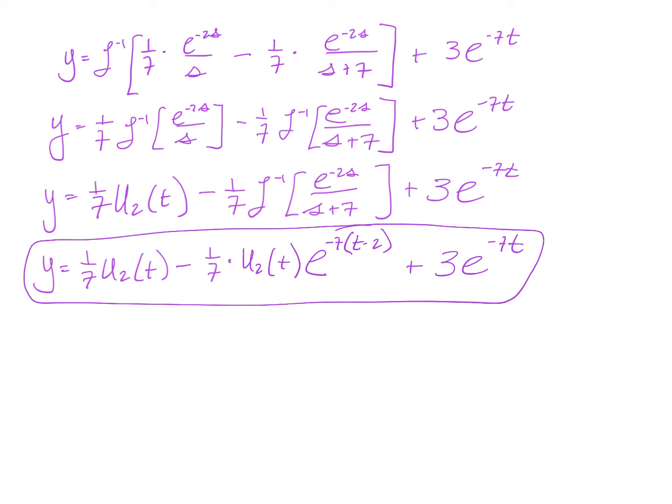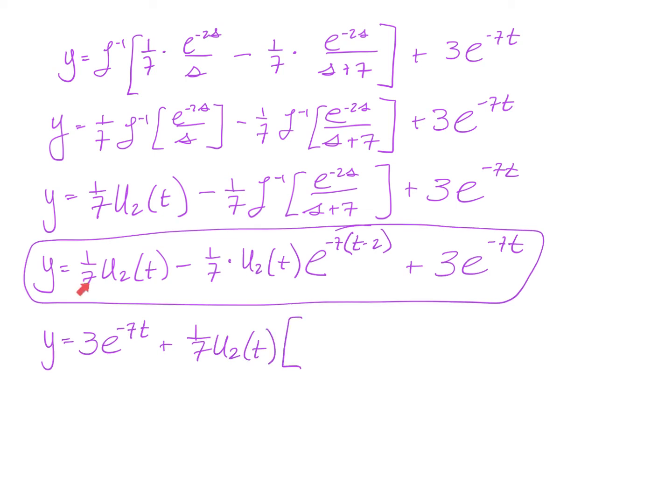If you want to make this look like the answer in your packet, we just have to factor out a 1/7 u2 of t. So we're going to have y equals, I'll put the 3e to the negative 7t first, and then I'll say plus 1/7 u2 of t.